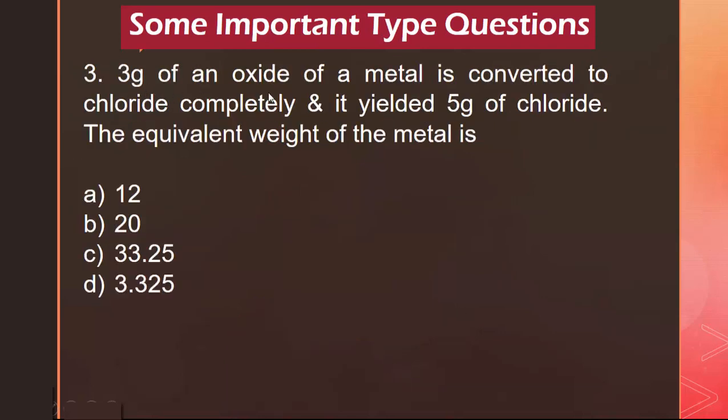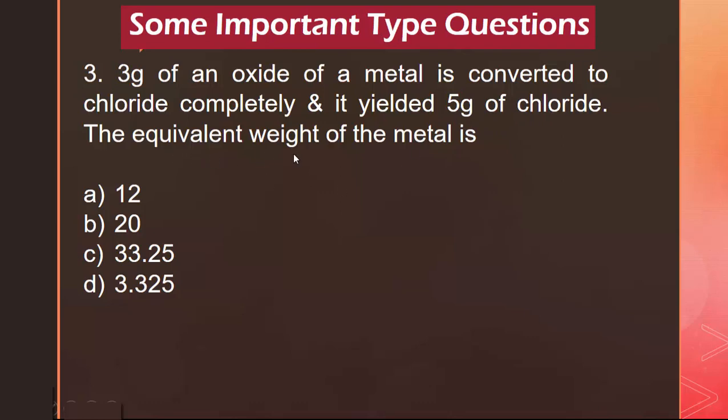3 grams of an oxide of a metal is converted to chloride completely and it yielded 5 grams of chloride. The equivalent weight of the metal is. Now, 3 grams of an oxide of metal is there which is getting converted into the metallic chloride of 5 grams.